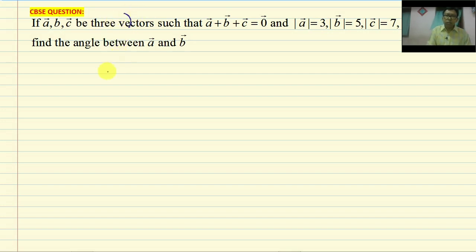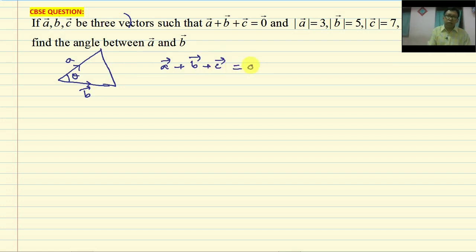This is A vector, say, and this one is B vector. Let us consider that the angle between them be theta. So what is given? Given that A vector plus B vector plus C vector is equal to 0 vector.